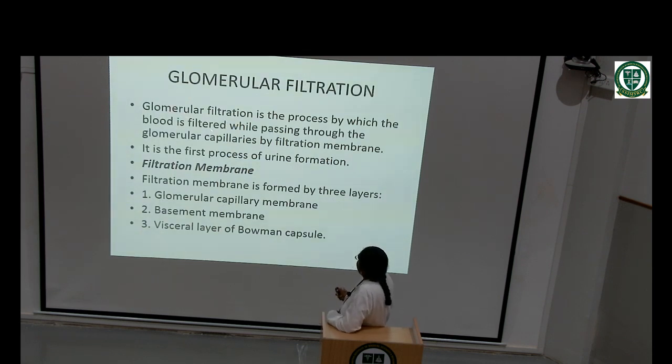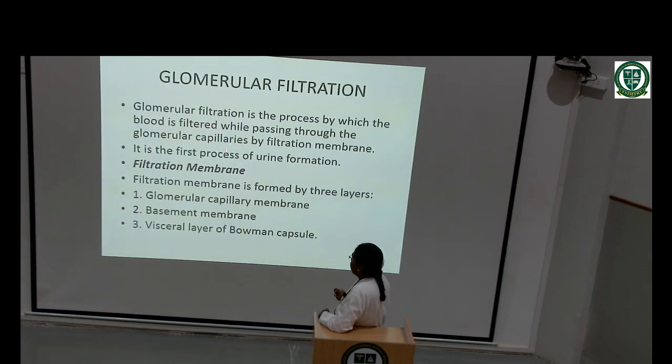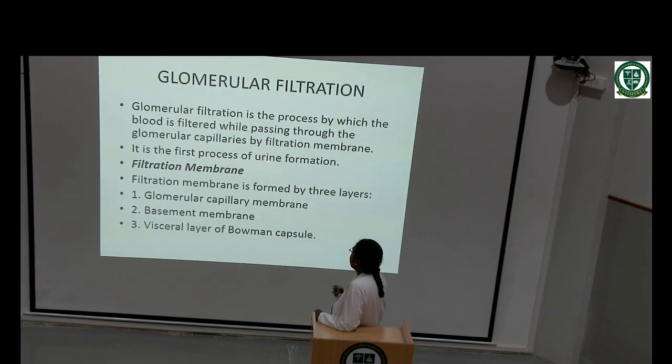Glomerular filtration is the process by which blood is filtered while passing through the glomerular capillaries by the filtration membrane. It is the first process of urine formation. For this filtration, we require a filtration membrane. It is formed by three layers: the glomerular capillary membrane, second the basement membrane, third the visceral layer of the Bowman's capsule.